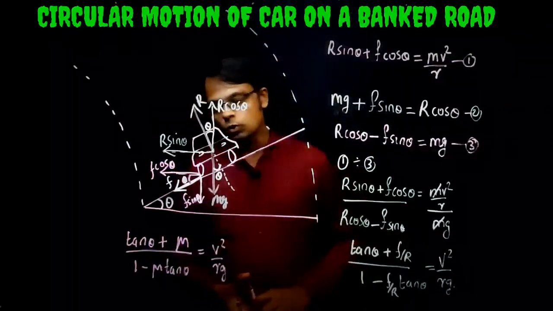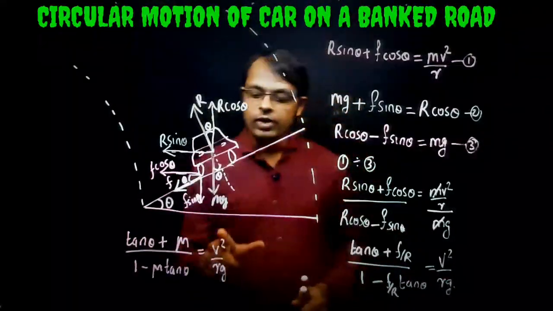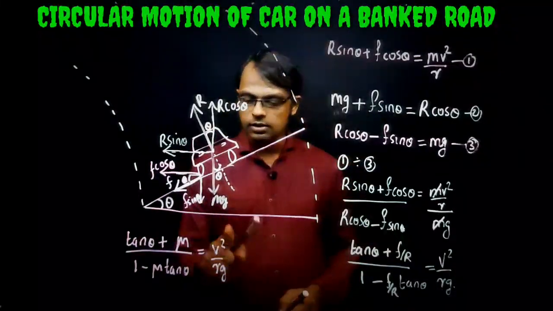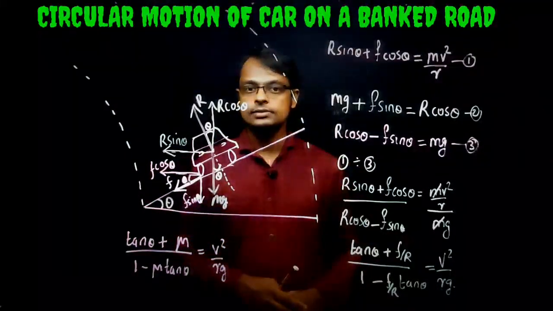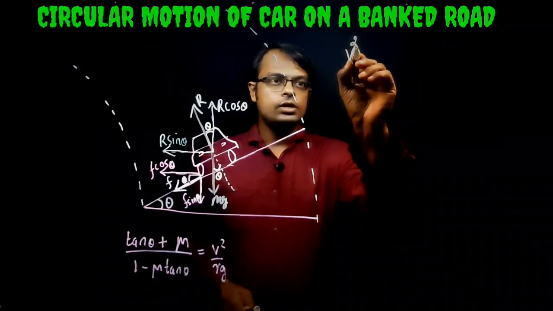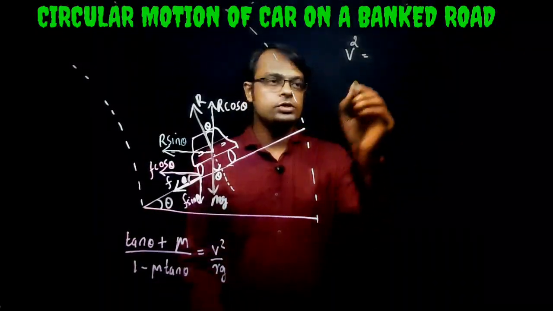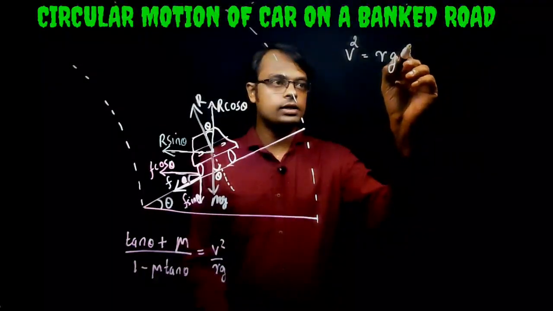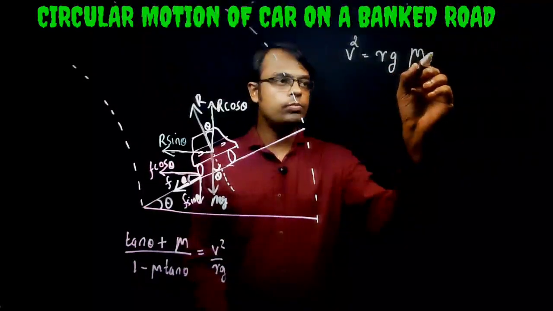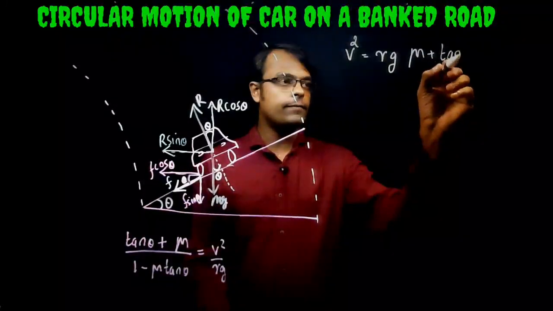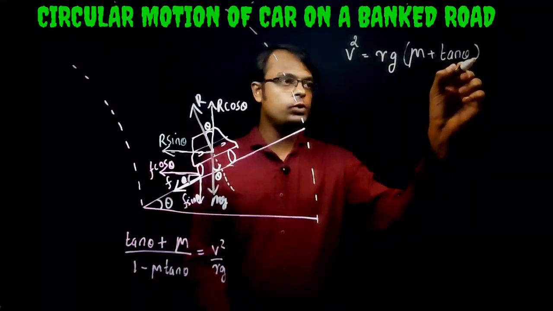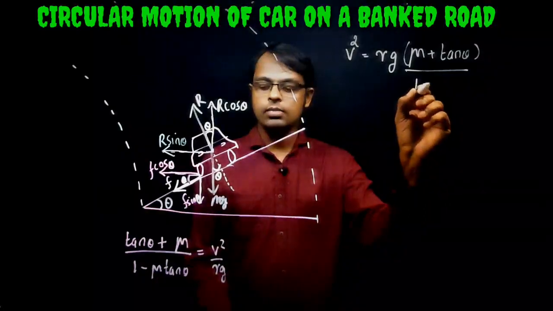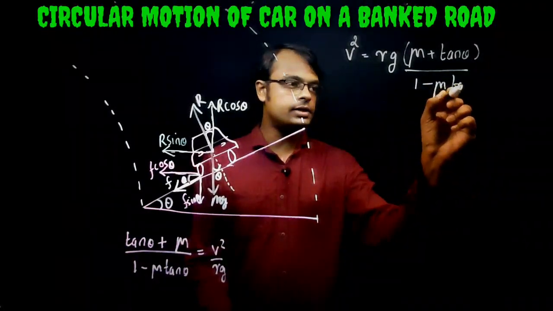If so, what is the velocity equation? We can write it as v square is equal to, just rearrange this equation, v square is equal to rg into mu plus tan theta divided by 1 minus mu tan theta.